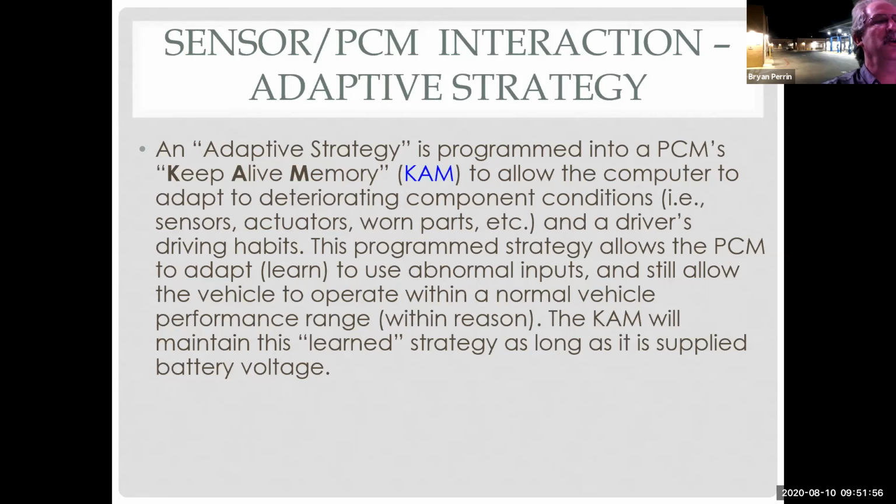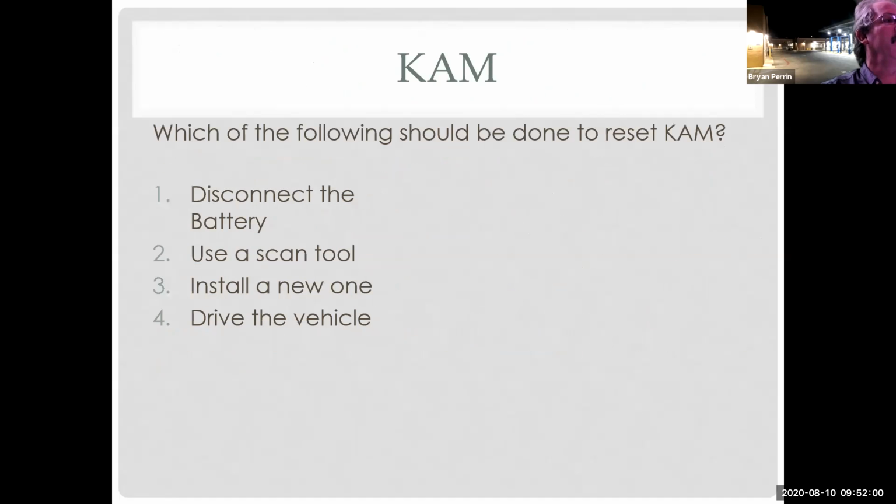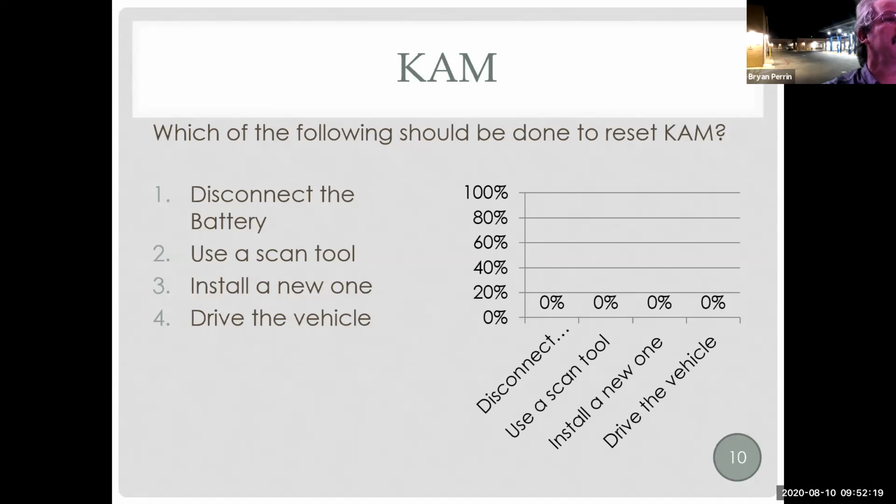So if I ask you which of the following should be done to reset KAM, I'm looking for disconnect the battery. That's how we reset our Keep Alive memory and all of our adaptations, and that's true whether I'm working on an Asian, domestic, or European vehicle. Disconnect the battery. Normally, 2 minutes is fine.